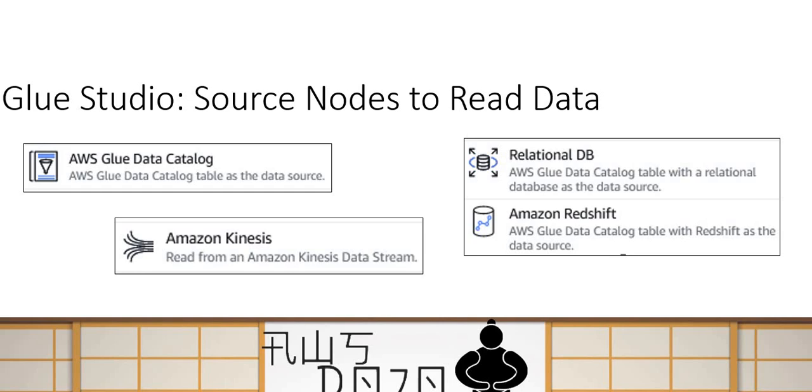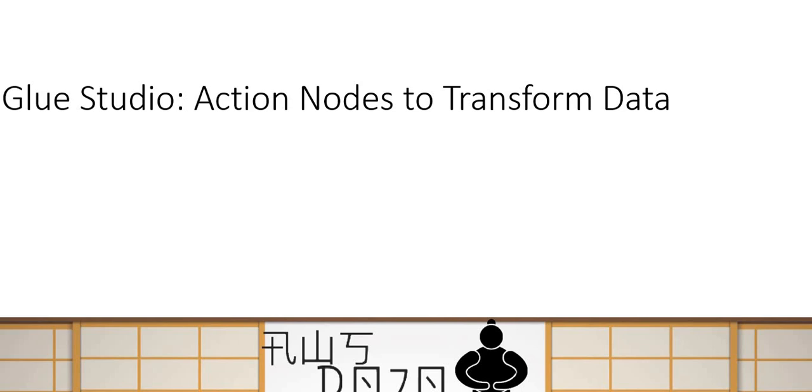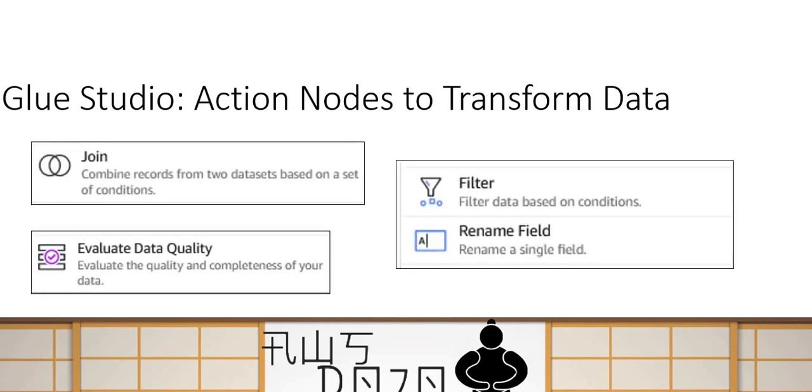Now, the action nodes are used to transform data. They are used to perform computing and business logic on your data. A few examples here: you can use the join node, which can be used to join more than one data set or data frame together.